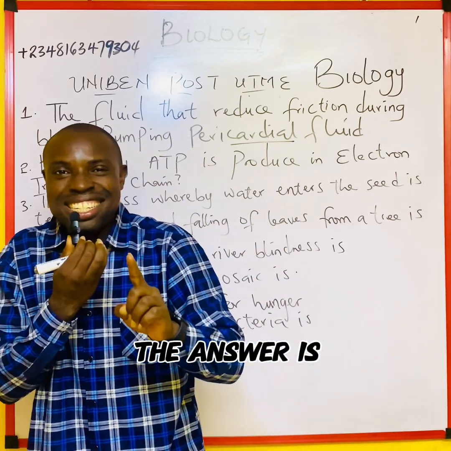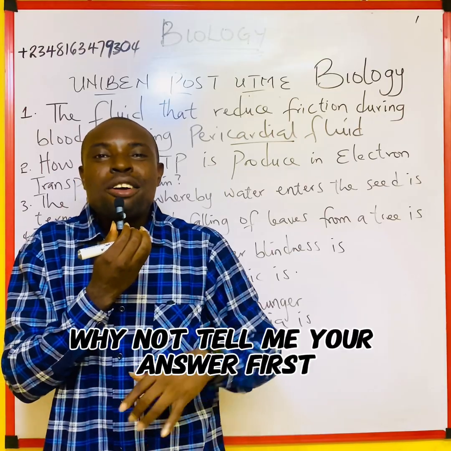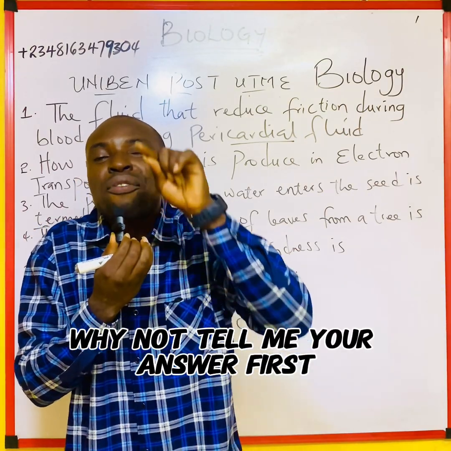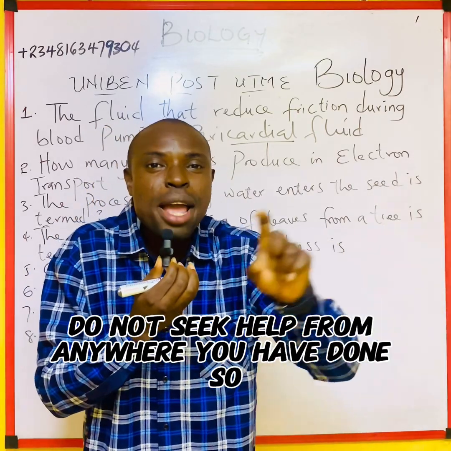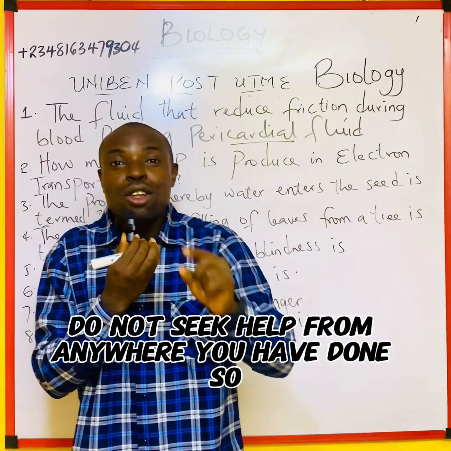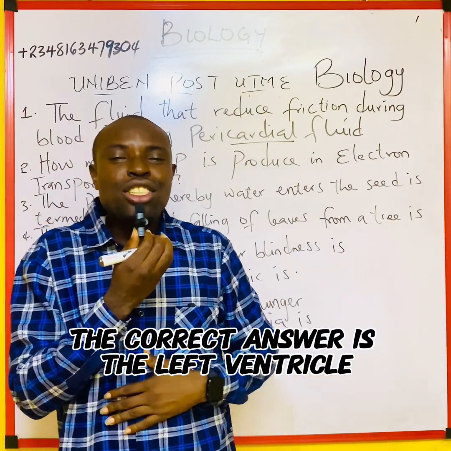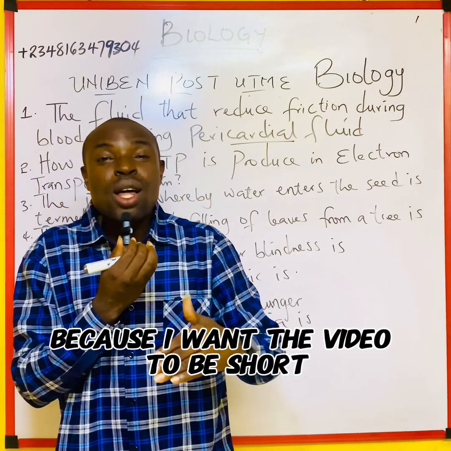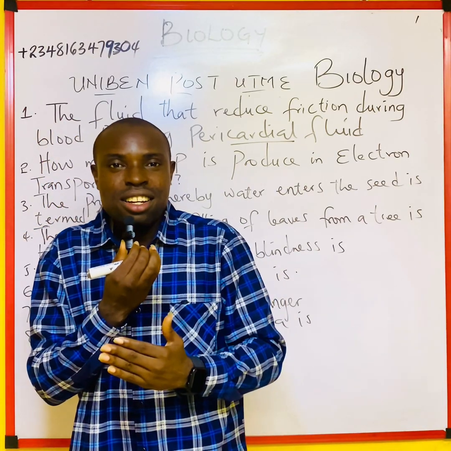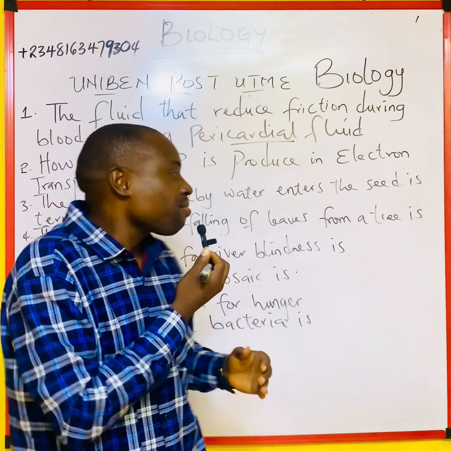Before I tell you the answer, why not tell me your answer first in the comment section? Do not seek help from anywhere. The correct answer is the left ventricle. I might not want to dive into the reasons because I want the video to be short. Our classes are currently ongoing.